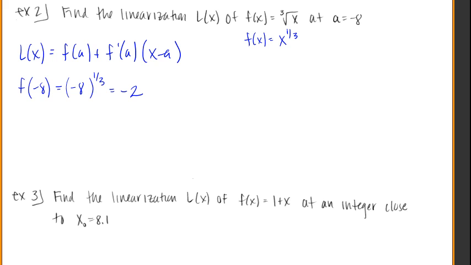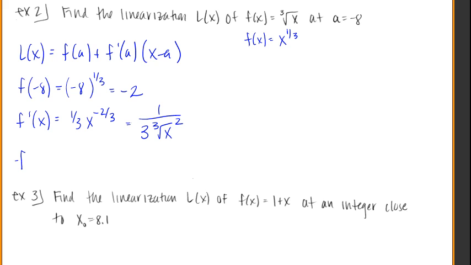If we go through and find the derivative, it's 1/3 x to the negative 2/3. Or if we want to think of it another way, it's 1 over 3 times the cube root of x, all of that squared, if that helps us solve the next part.